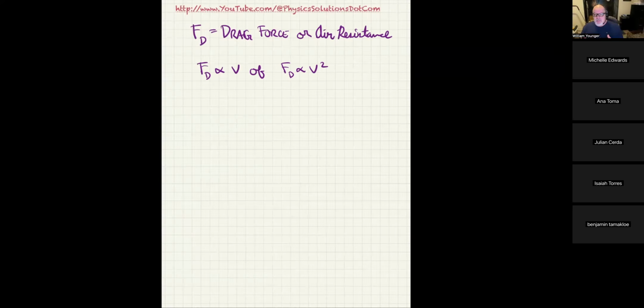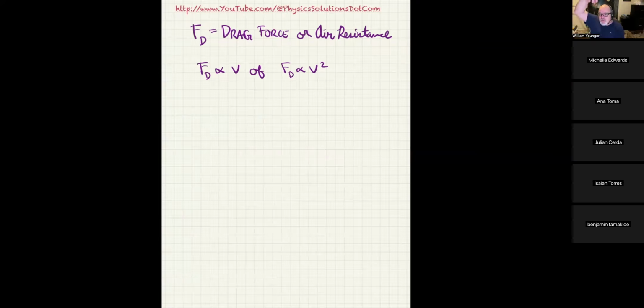But one of the things that makes it equal as opposed to just proportional is the cross sectional area. So, for instance, if I dove head first towards the ground from an aircraft, the air resistance would be proportional to v or v squared, but it would also be proportional to the area that my body covers.